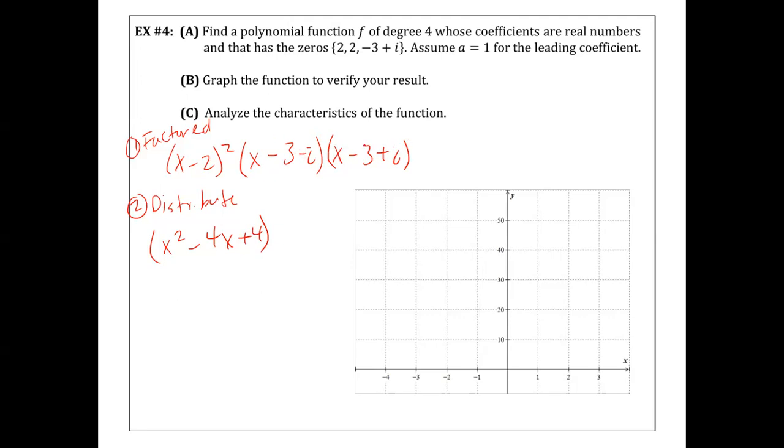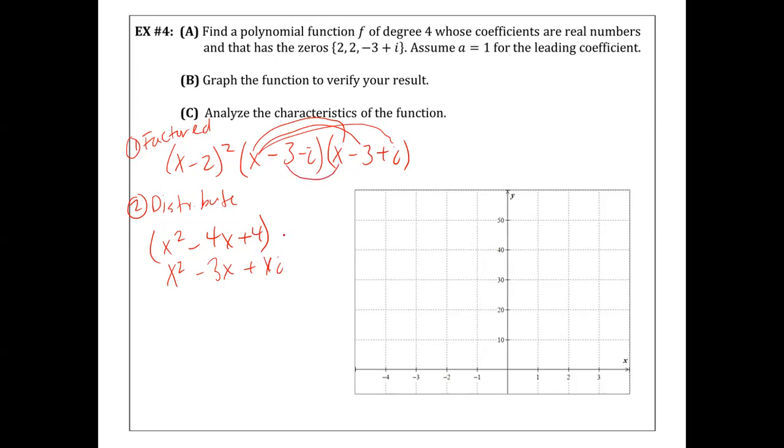All right, so now we're just going to multiply. When you're multiplying, we call it distribution. So distribute: x times x is x squared. x times negative 3 is negative 3x. x times i is xi. Now I'm going to do the next number.